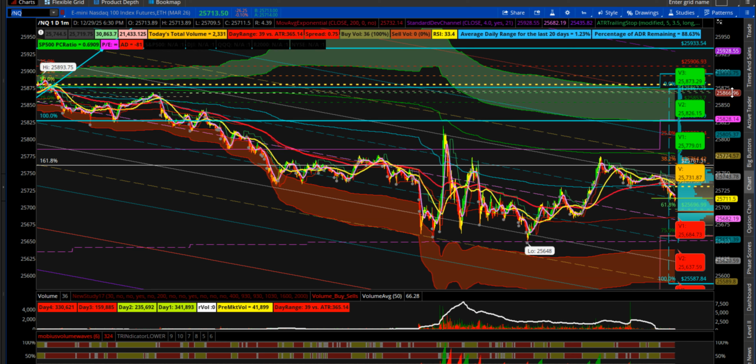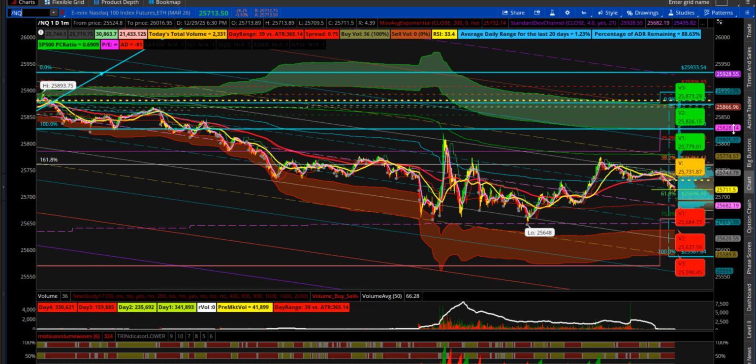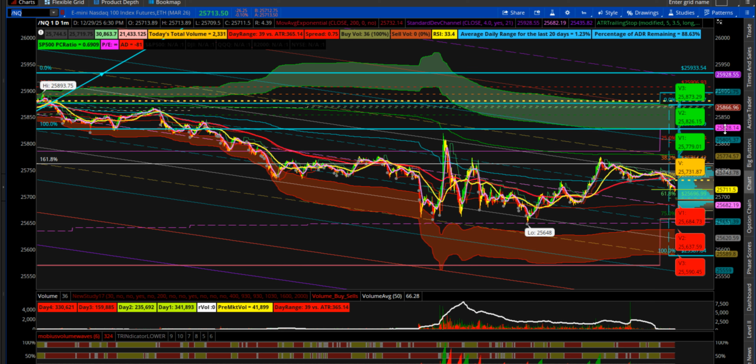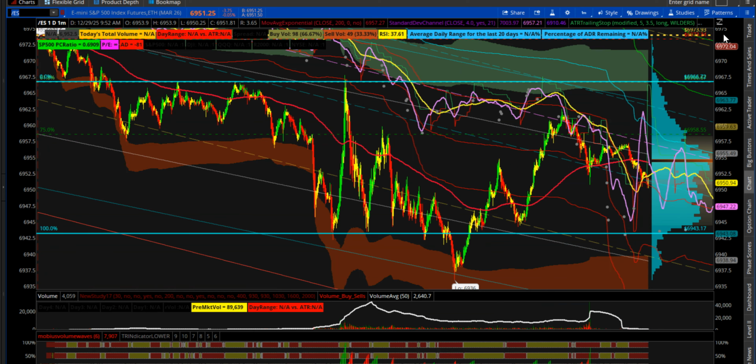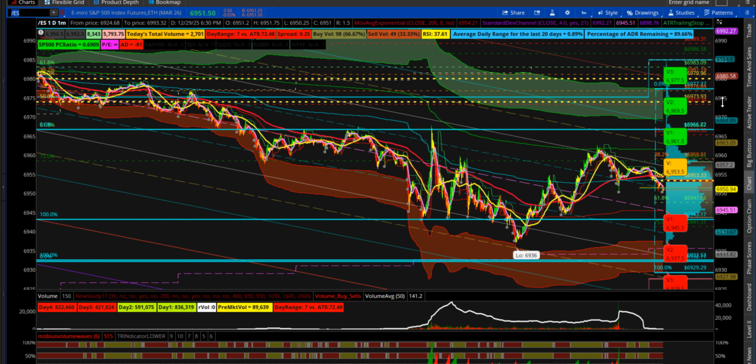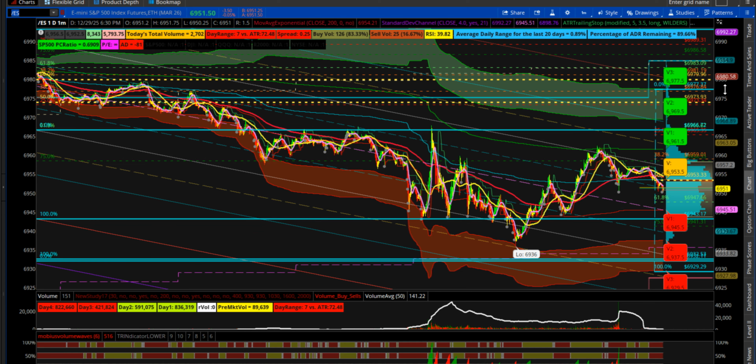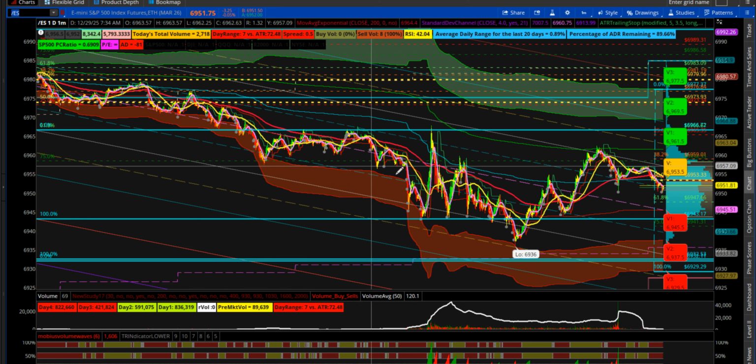What I have mapped out for tomorrow for the Nasdaq is 25,873, and a potential lower entry is 25,590. For the S&P for tomorrow, I have 6,977 and 6,929.